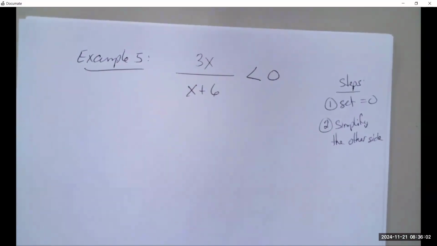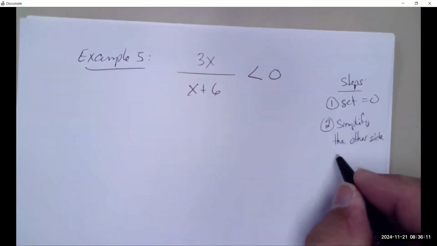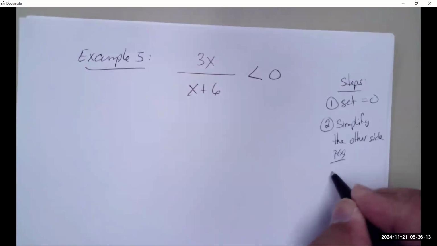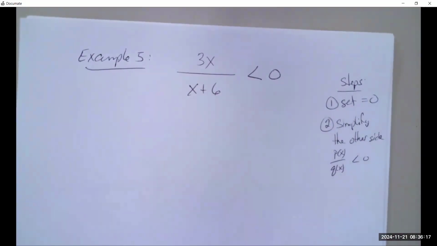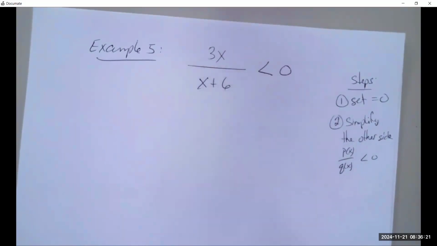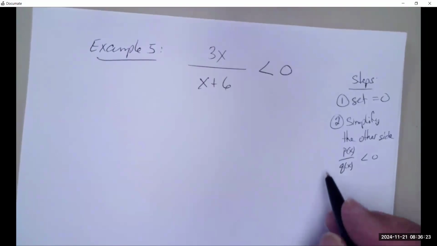In other words, we can have a fraction plus or minus a fraction plus or minus a number. You have to combine those and simplify them. So you have a fraction over a fraction. You're not done simplifying until you get a fraction over a fraction, in this case, less than 0. So are they simplified as far as possible? Yes.